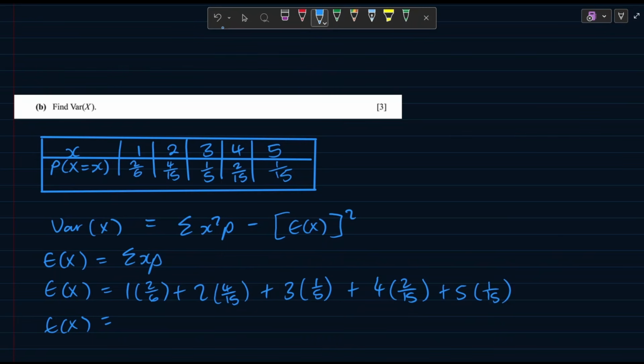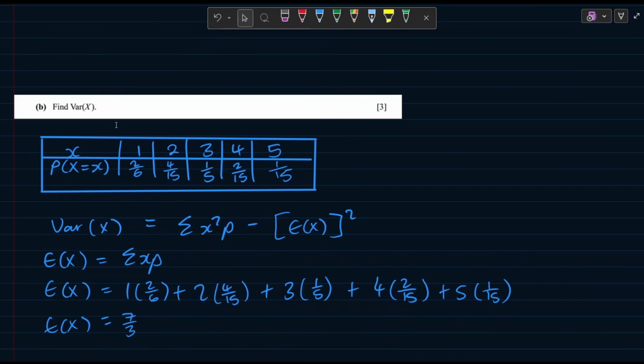So I've got 1 times 2 over 6 plus 2 times 4 over 15 plus 3 times 1 over 5 plus 4 times 2 over 15 plus 5 times 1 over 15, and that is 7 over 3.